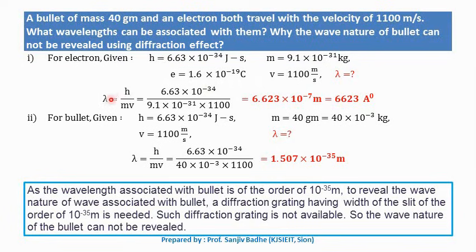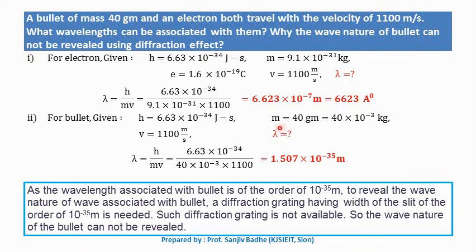So using de Broglie relation, we can write lambda equal to h upon mv. So h is 6.63 into 10 raised to minus 34 joule second, m is 9.1 into 10 raised to minus 31 kg, and v is 1100 meter per second. If you substitute these values here, we can calculate the value of lambda as 6.623 into 10 raised to minus 7 meters, which is around 6623 angstroms.